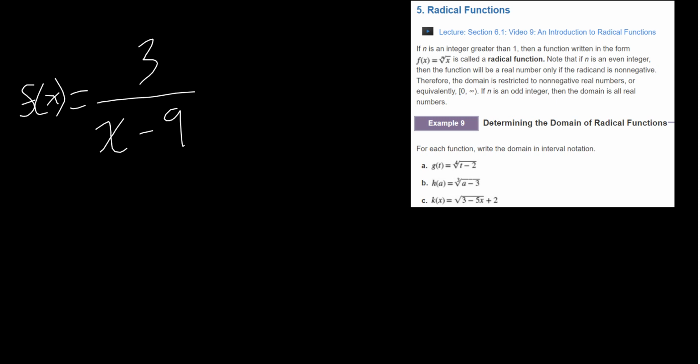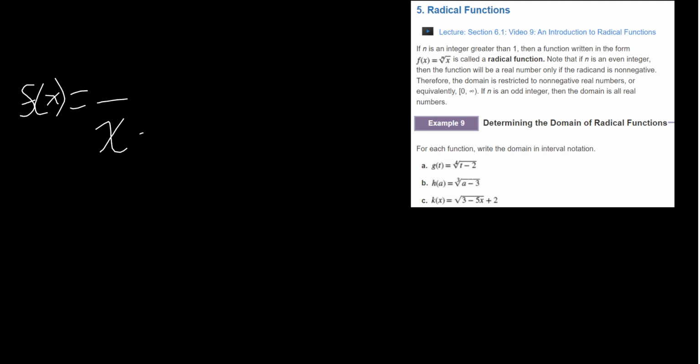That one number would be when x is equal to 9, because 9 minus 9 is equal to 0, and we cannot divide by 0. So the domain of this particular function is every single number but 9. X can be any number here except for the number 9. Once it's 9, we're dividing by 0, and it just will not work.